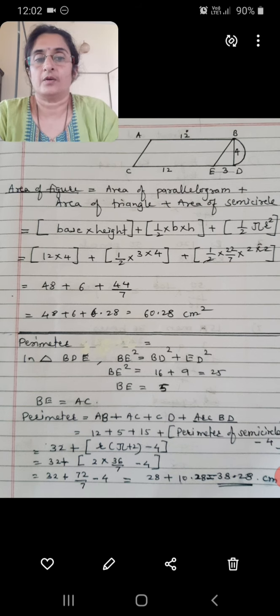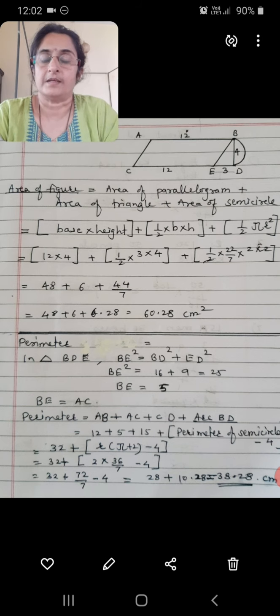So base we are going to take as ED, that is 3, and height is BD, that is 4 centimeter. Then area of that semicircle, half pi r square, half into pi is 22 upon 7, and r square. So the radius of that semicircle: height is given, BD is 4 centimeters, so half of that will be the radius, that will be 2 into 2.